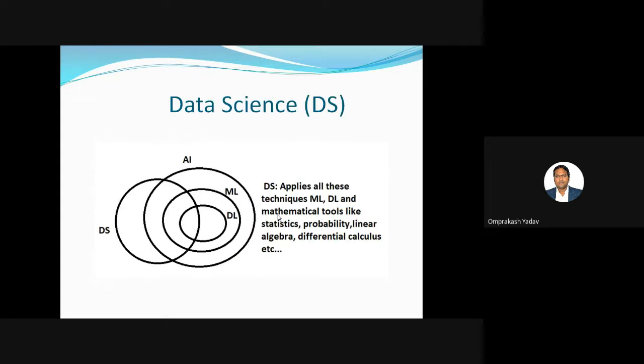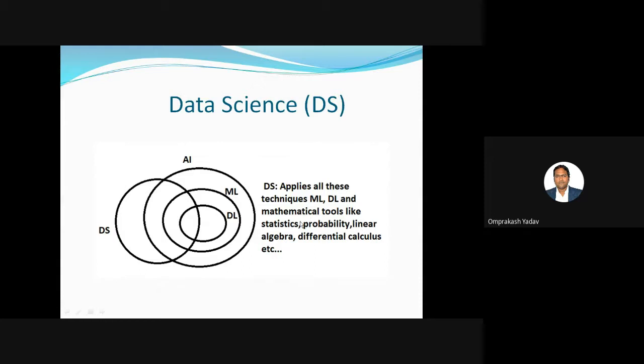Okay. Now there comes data science. If you see here, data science is basically intersecting all the different parts of this entire circle: AI, ML, DL. So DS applies to all these techniques, ML, DL, and it also has mathematical tools like statistics, probability, linear algebra, differential calculus.